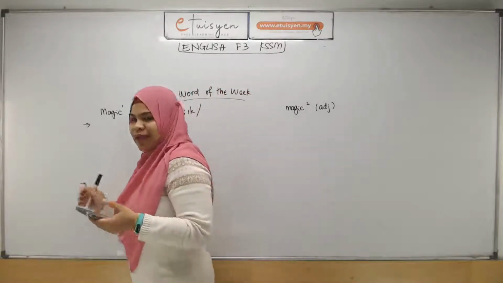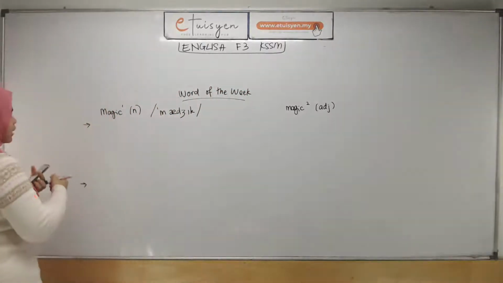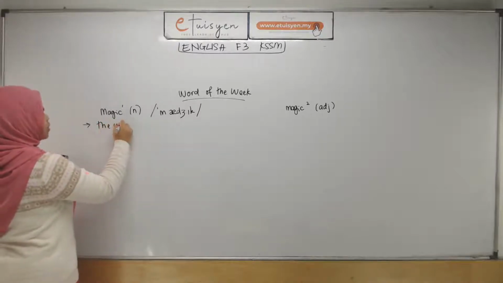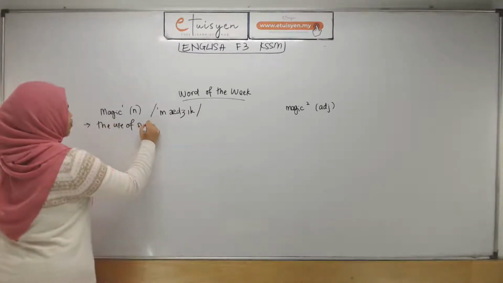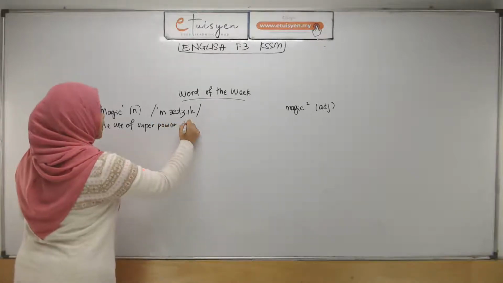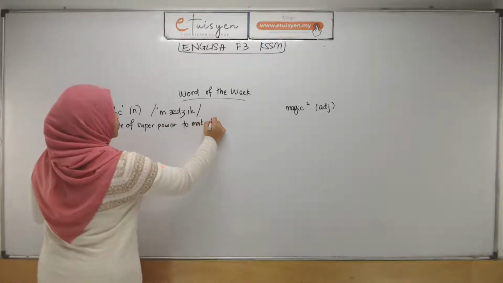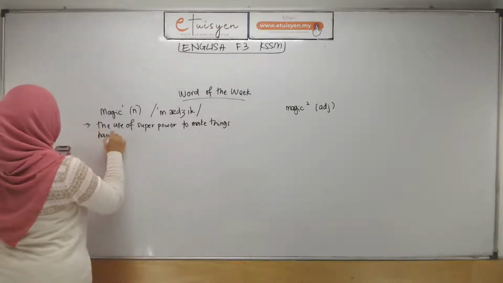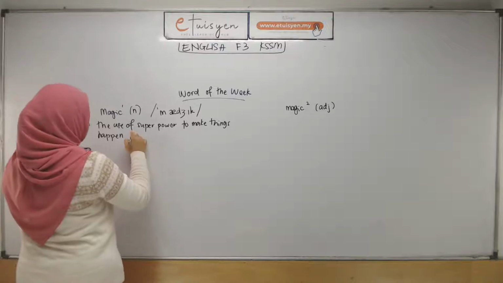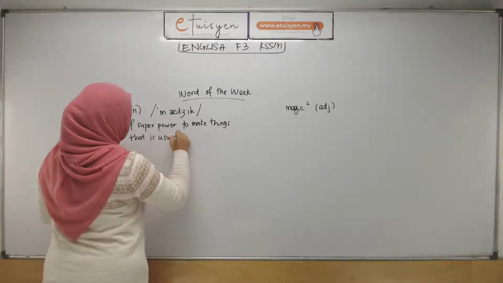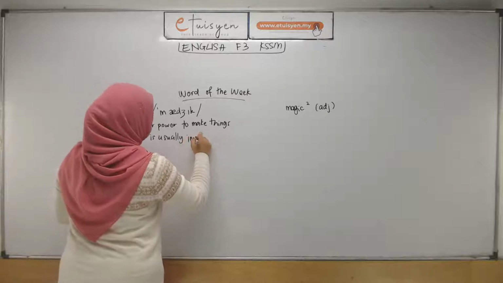Okay, first one, magic ni makna dia ialah the use of super power to make things happen that is usually impossible.